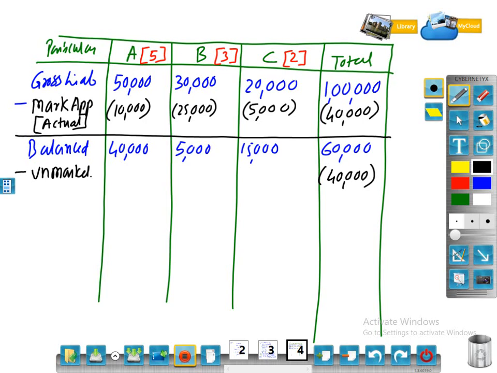What is that GLR ratio? 5 is to 3 is to 2. So 20,000, 12,000 and here 8,000. Like that you have to divide.